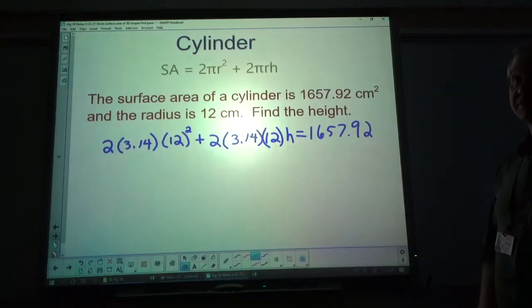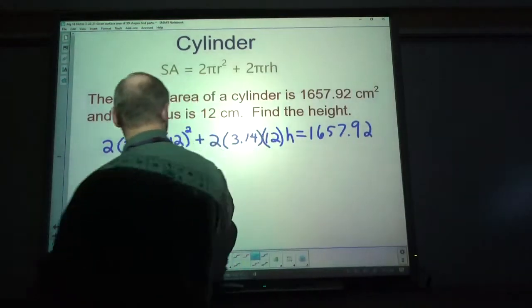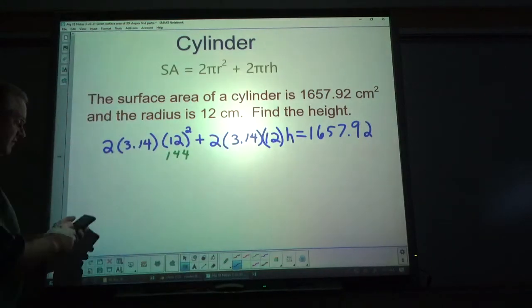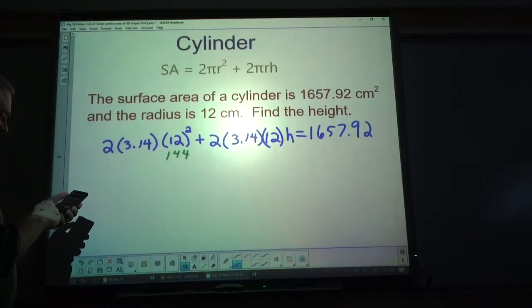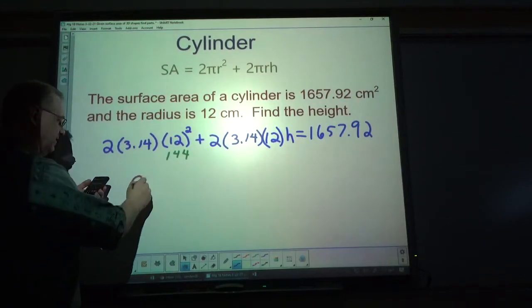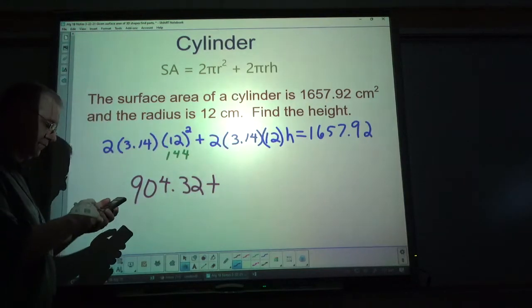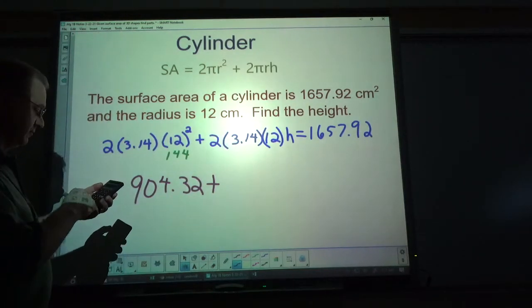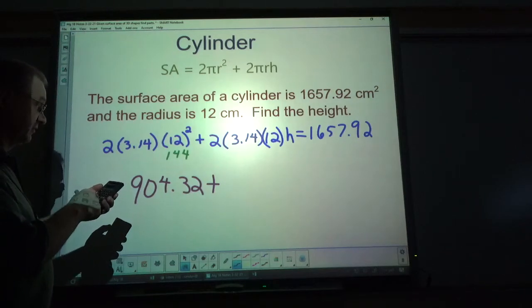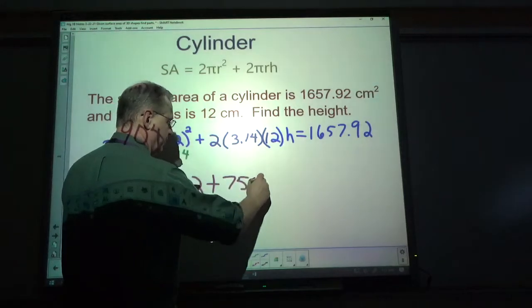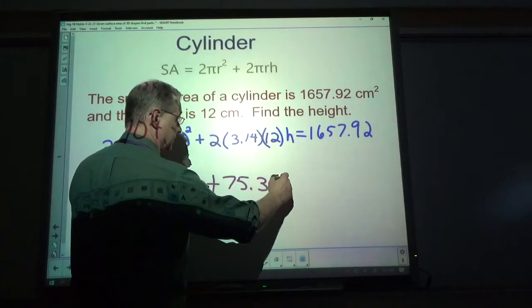All right, let's do some simplification. We know 12 squared is 144. So 2 times 3.14 times 144 is 904.32. 2 times 3.14 times 12 is 75.36 H.